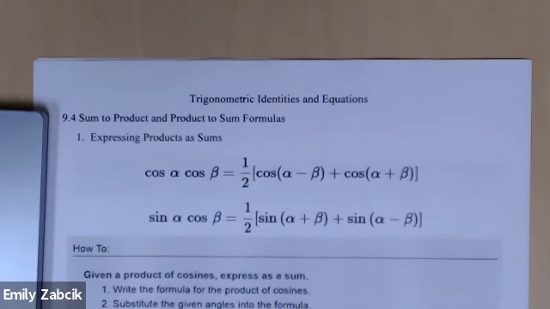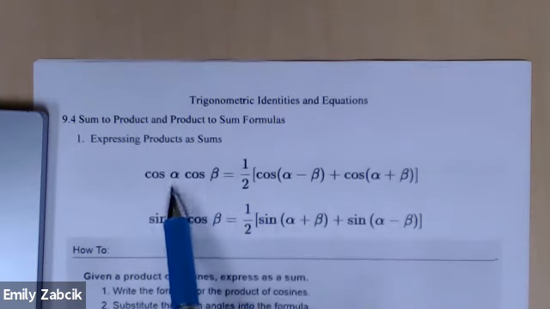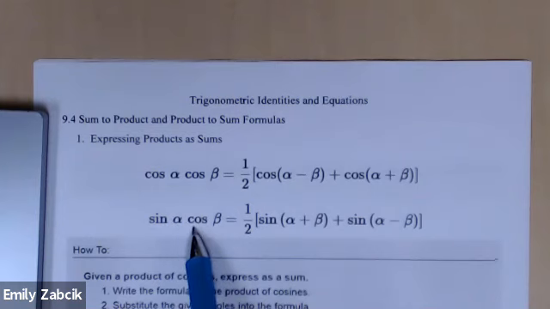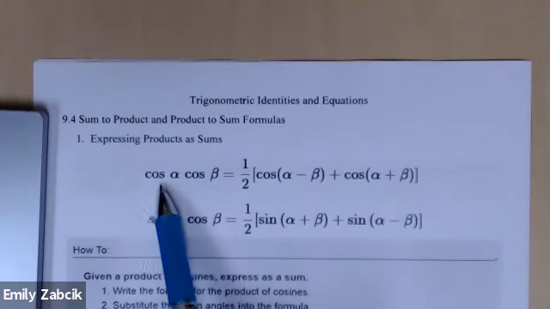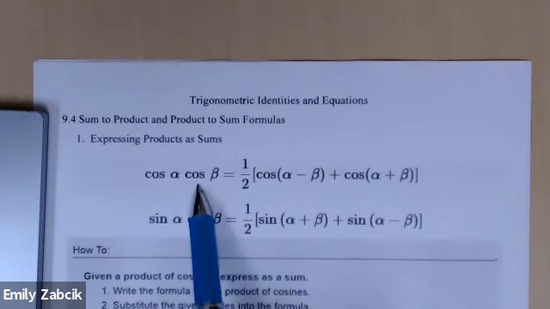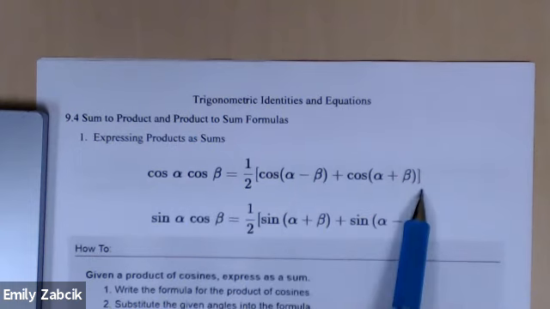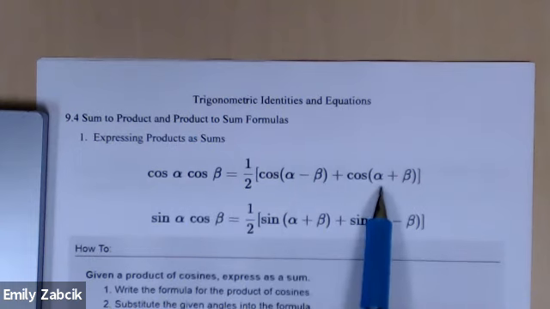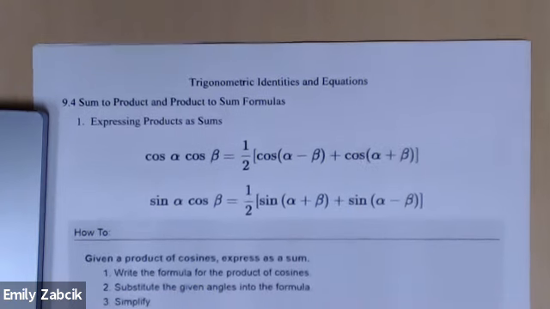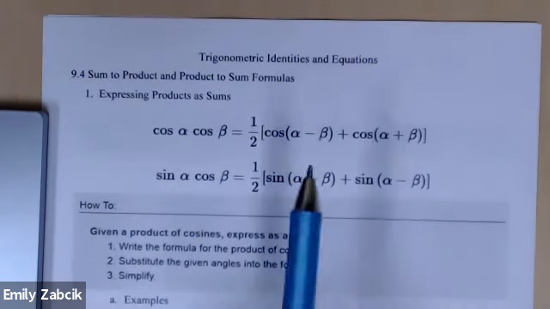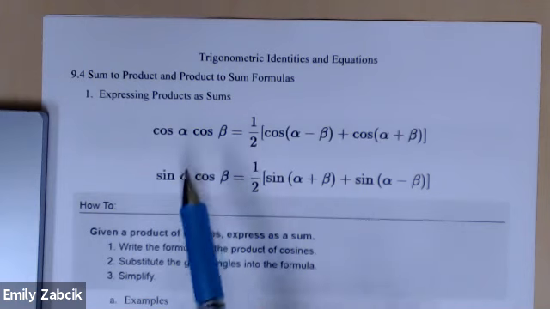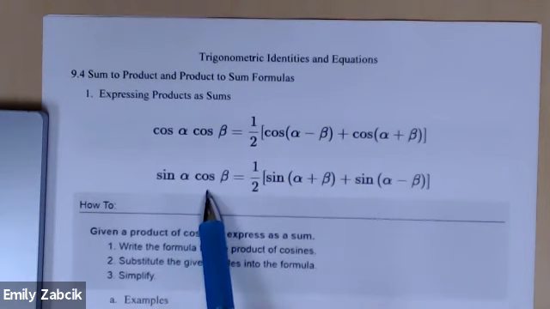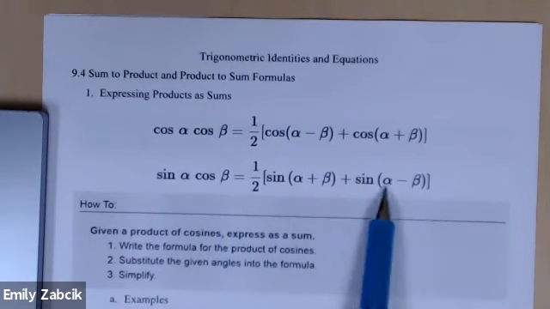Now we're going to move into some products. And so what we have is these 2 formulas here. We learn what is going to be the cosine of alpha times cosine of beta, and it gives us a formula. And you can see that it has some of your summation formulas within them. And then it says, what if I want to multiply sine times cosine? So if I want to do sine of alpha times cosine of beta, then again, we get our summation formulas.